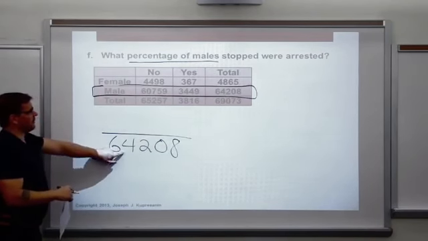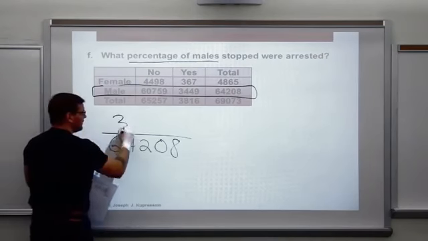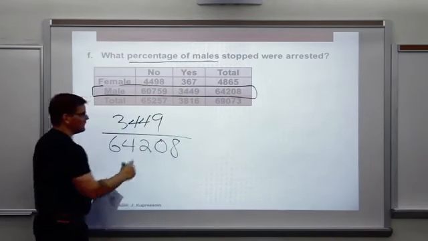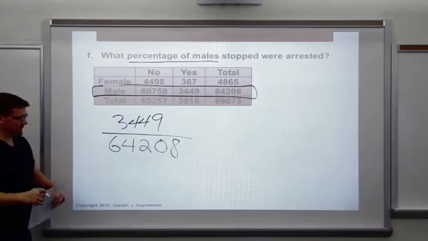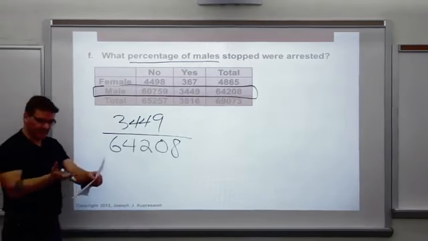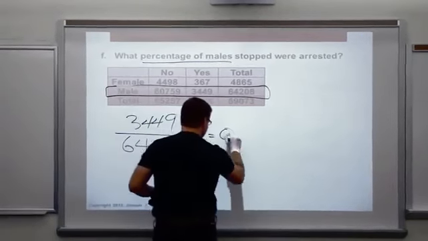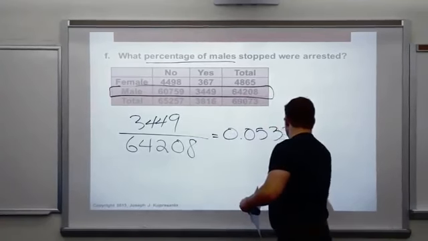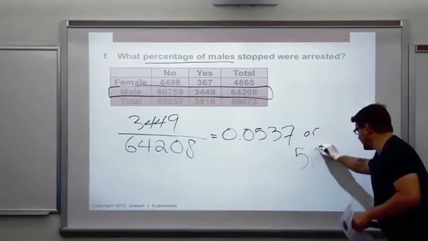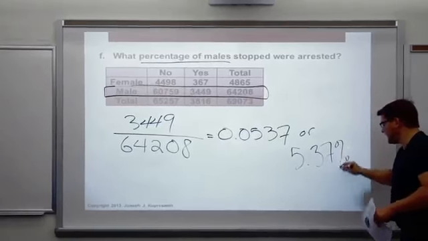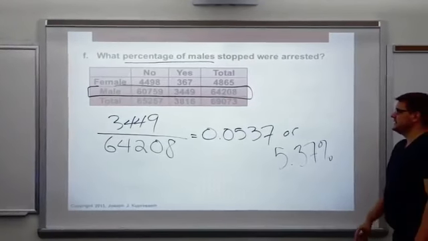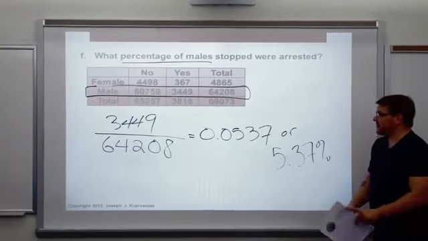Of the 64,208, how many were actually arrested? 3,449. Go to the calculator, it's 0.0537. And of course, instantly we know that's about 5.37%.